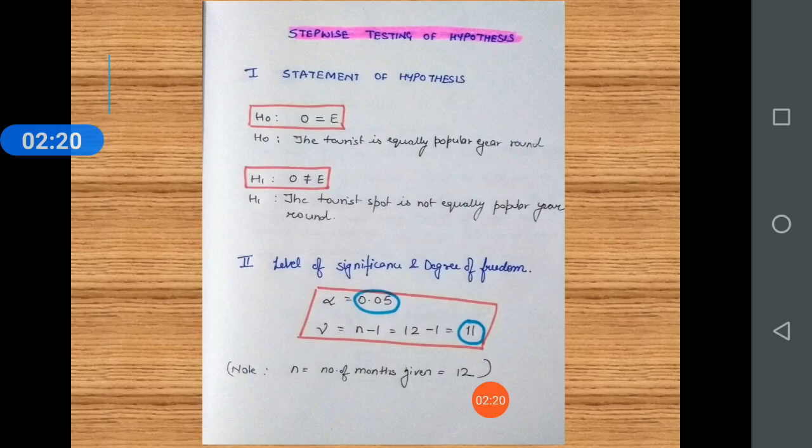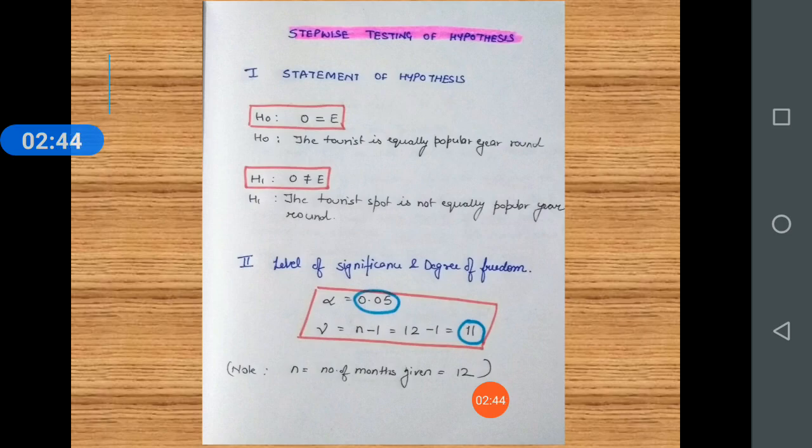The null hypothesis is supported by the alternate hypothesis, which will say that the observed frequencies and the expected frequencies are not equal, or there is a significant difference between the observed frequency and the expected frequency. In statement form, the tourist spot is not equally popular year round.